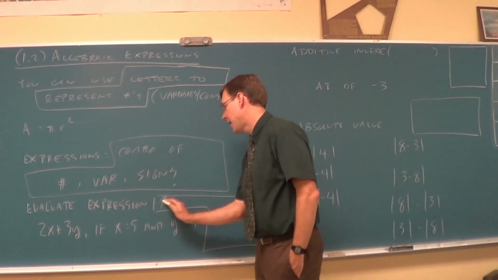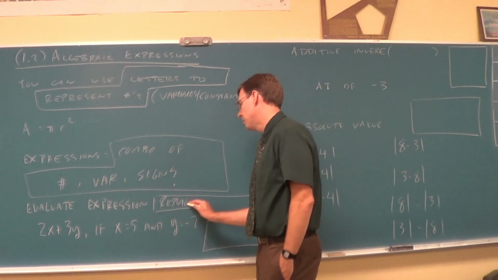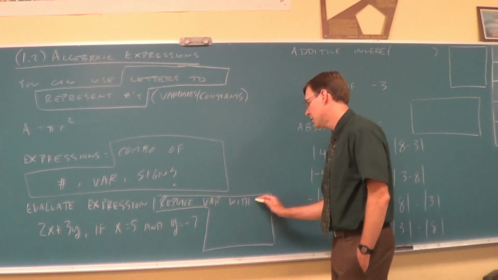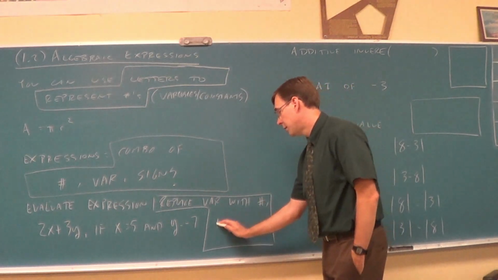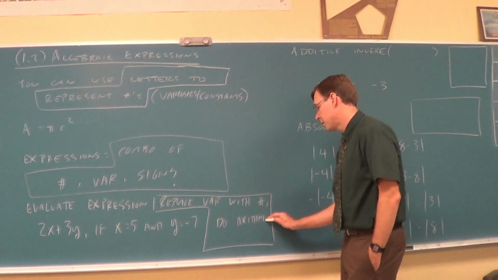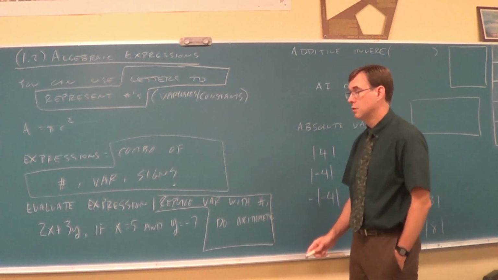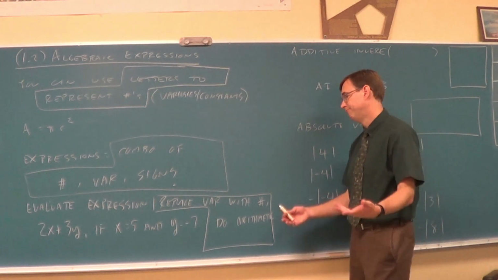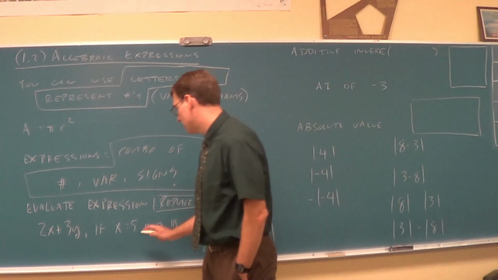So I'm going to say to evaluate an expression means to replace variables with numbers and then do arithmetic. If you don't like the word arithmetic, say math, that's fine, it's a good synonym. But just replace the variables with their numbers and do the math that shows up.